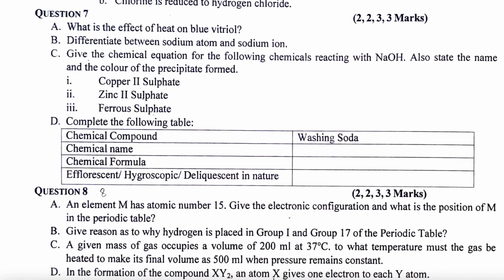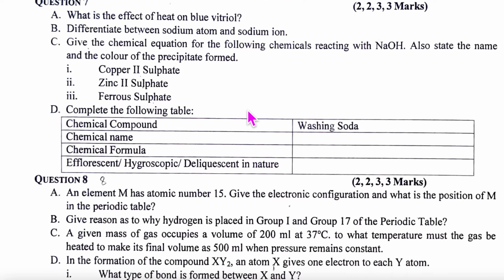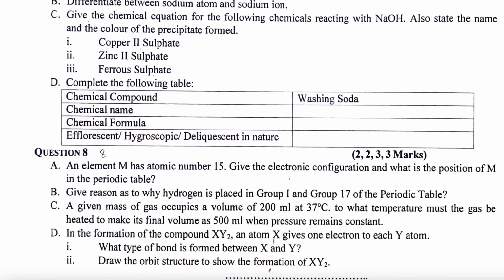Otherwise, all the paper is okay. Now, what are they telling you? These react with NaOH. State the name and color. If copper sulfate, you will do CuSO4 plus NaOH.